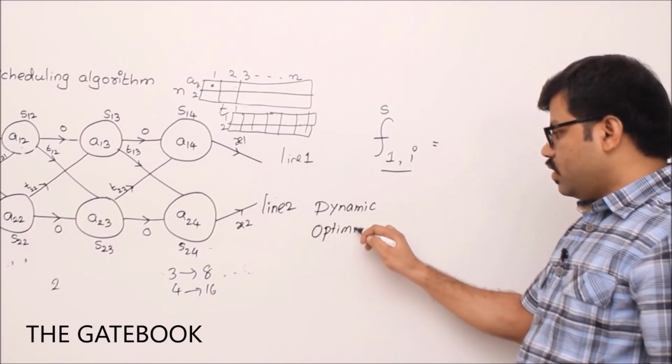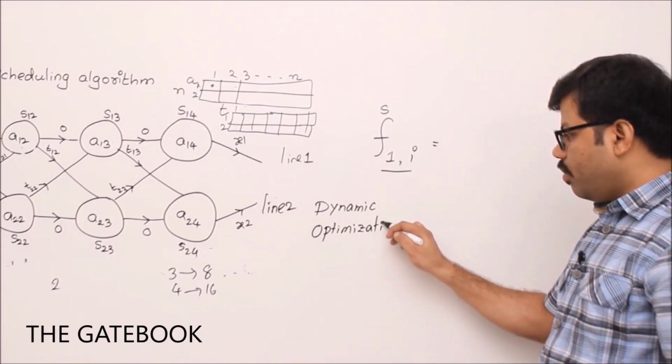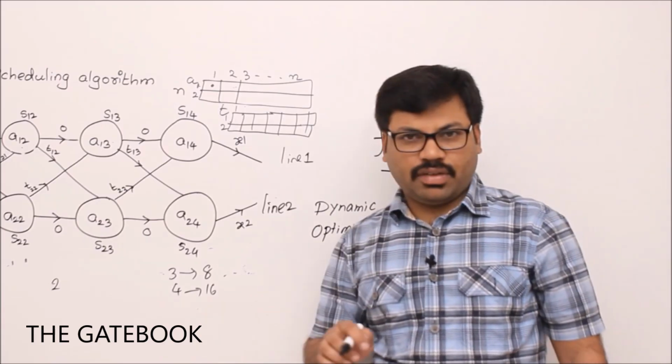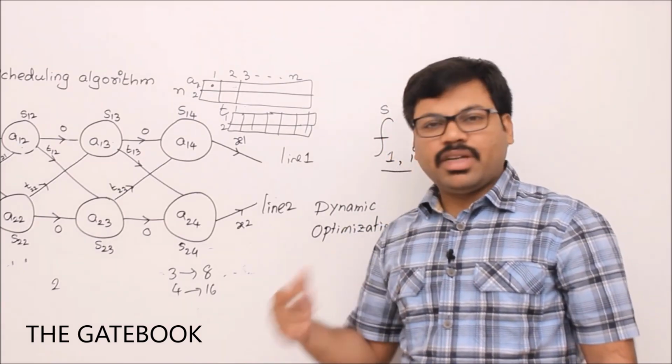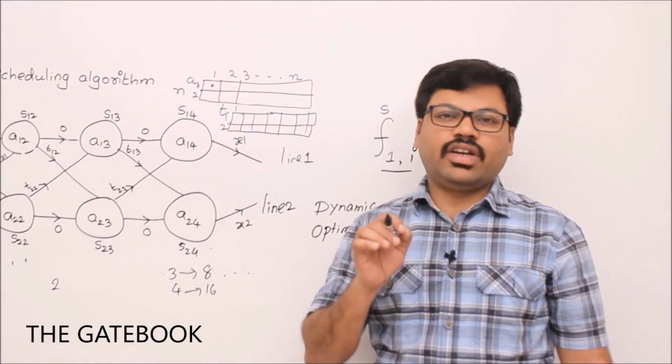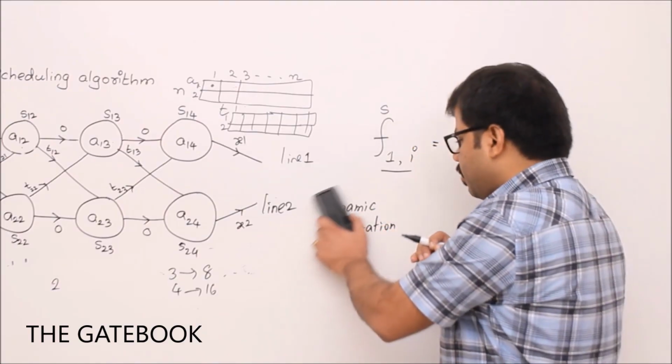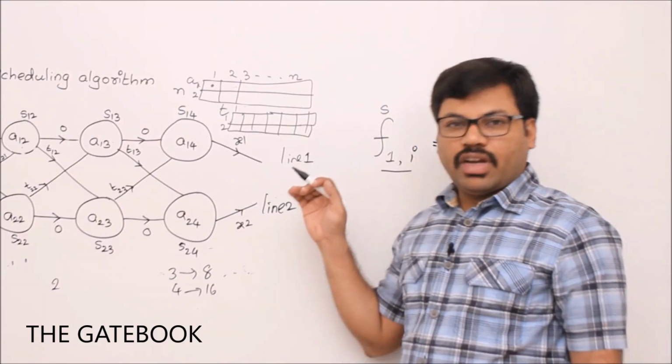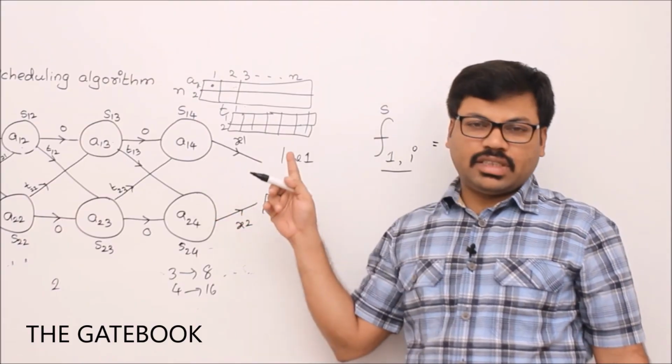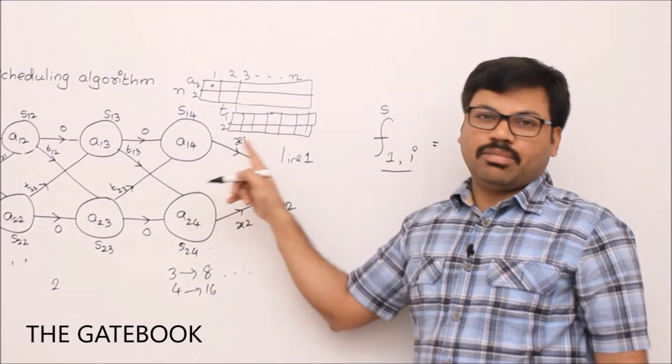Generally whenever we apply dynamic programming, we either maximize something or minimize something. So whenever you want to apply dynamic programming, check whether it is an optimization problem. It is an optimization problem here.